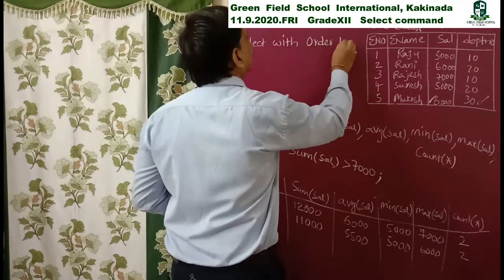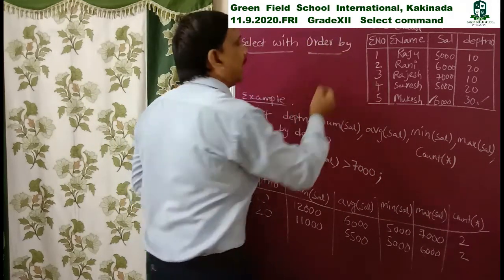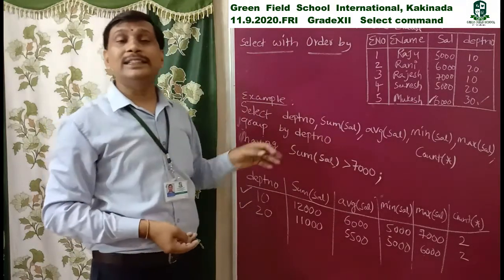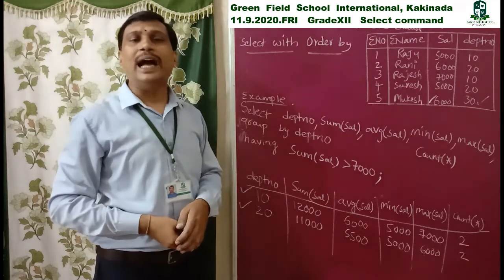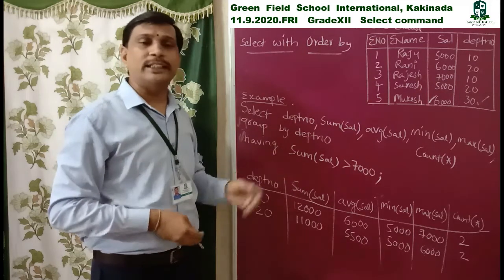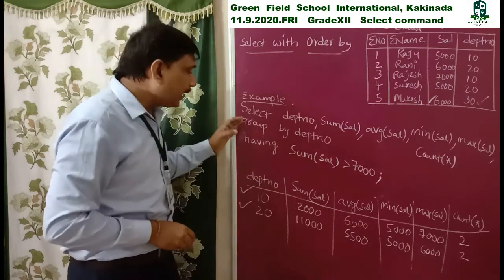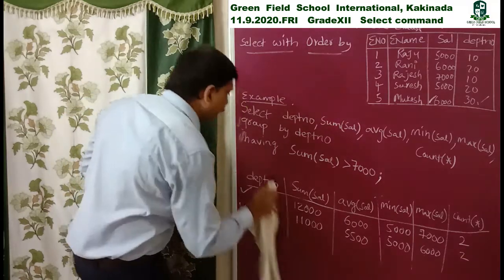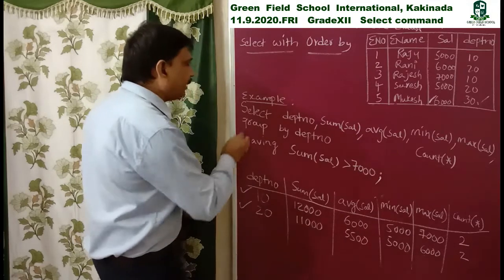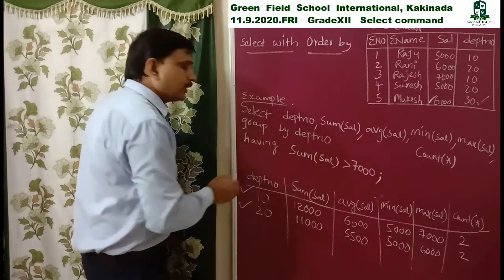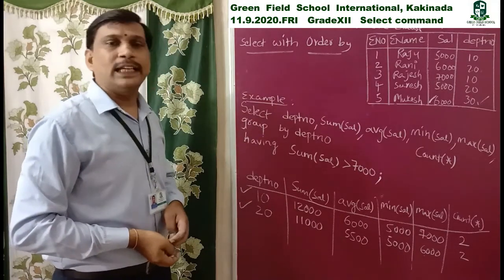Order by clause is used for arranging the data into ascending order or descending order. I continue the same example with group by, having and order by, all in a single example.